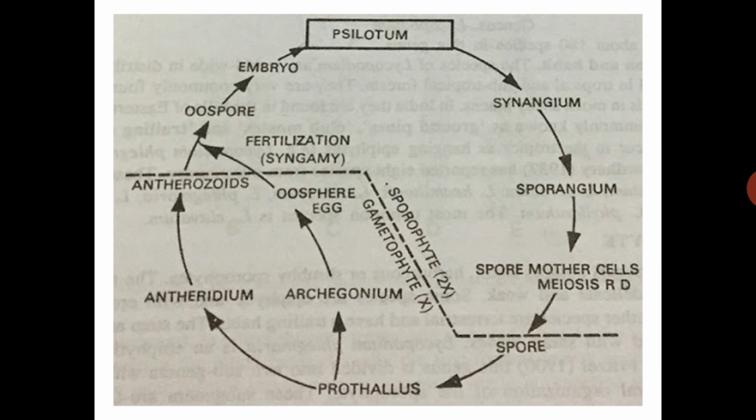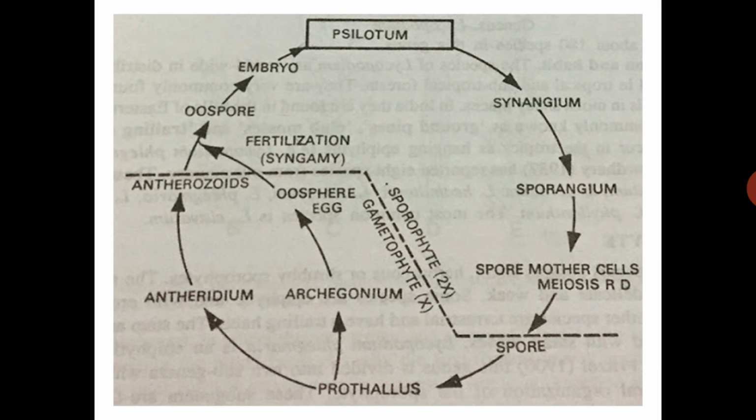So you can see here the life cycle of Psilotum. First it develops from a spore, that's a synangium. The synangium develops into a trilocular structure, that's a sporangium, which develops spore mother cells and later undergoes meiotic division to produce spores. The spores again form the prothallus, which undergoes development of antheridium and archegonia.